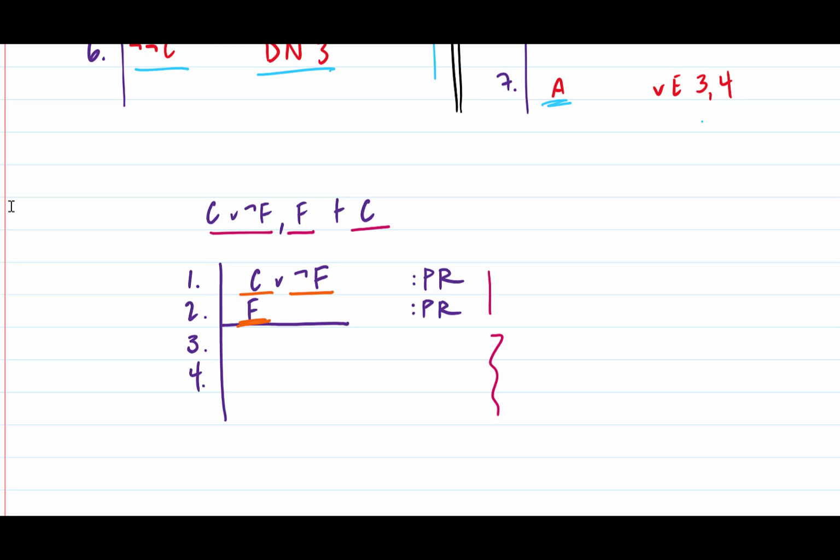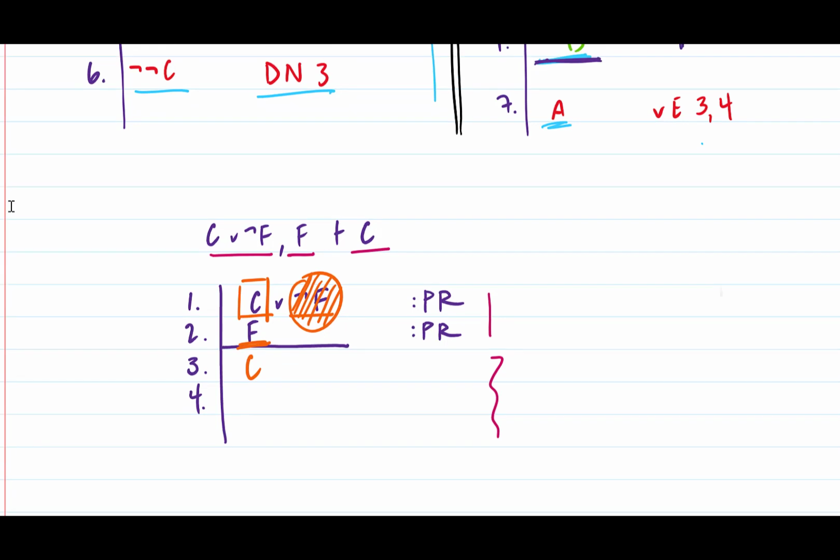Let's say that F is today is Friday, then not F would be today is not Friday. Okay, so we have F here on line 2, so that means we're assuming that it's true, so therefore we know that not F has to be false. Consequently, we also know that C has to be true. So therefore, we should be able to put C down here on line 3.